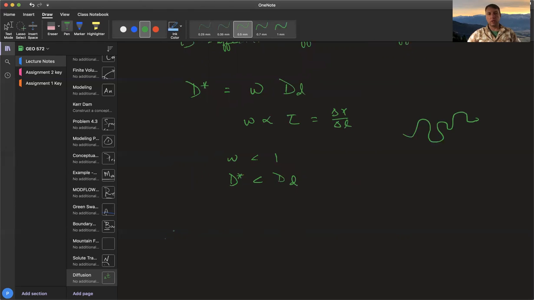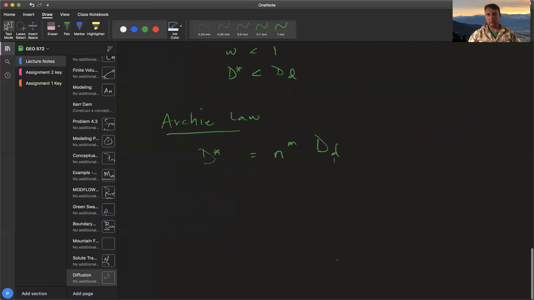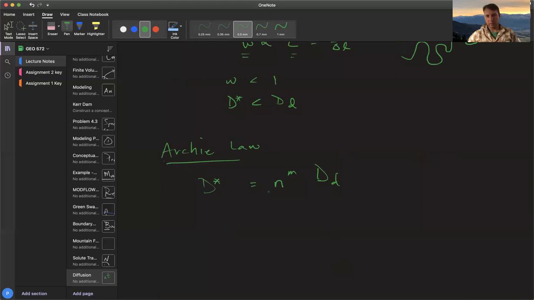So one example of trying to estimate omega, or tortuosity, is with Archie's law. And Archie's law says that our effective diffusion coefficient is equal to the porosity n to some exponent m times the diffusion coefficient in free water.